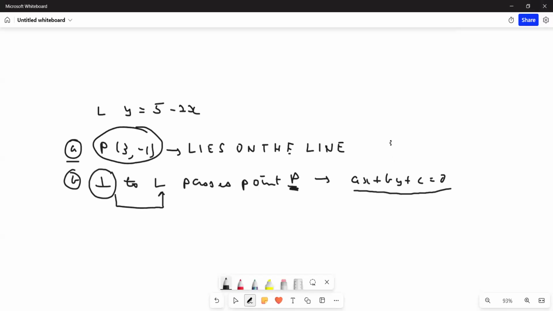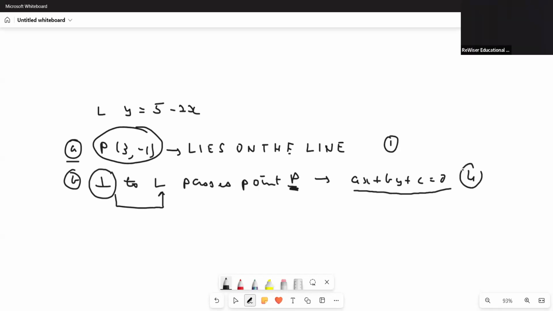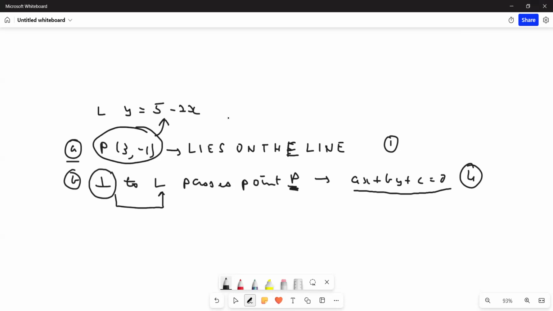The first one is a 1 marker. This is a 4 marker. Make sure Valencia is getting it correct. Valencia got the first part. Yes, sir, reading the second part. Okay.